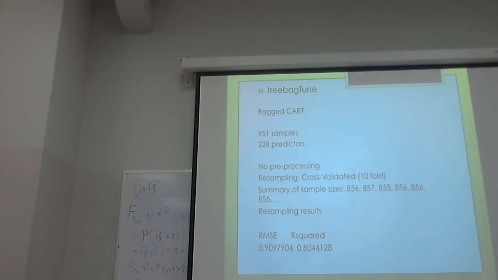Then you combine a data frame, which has one column for the observed values, another column called predictions.